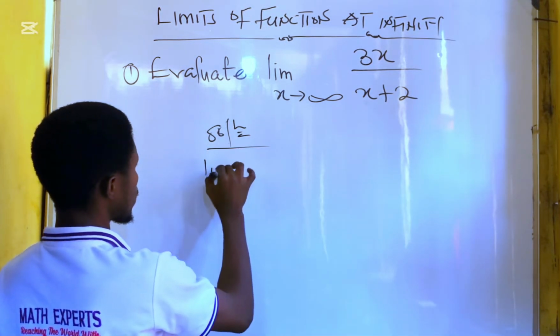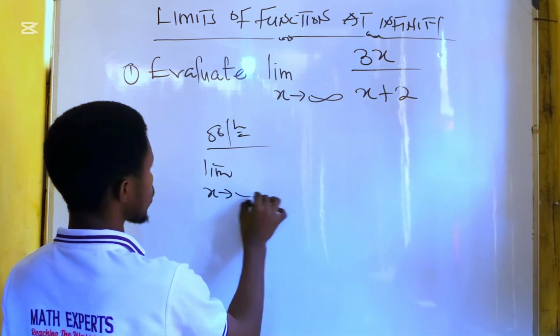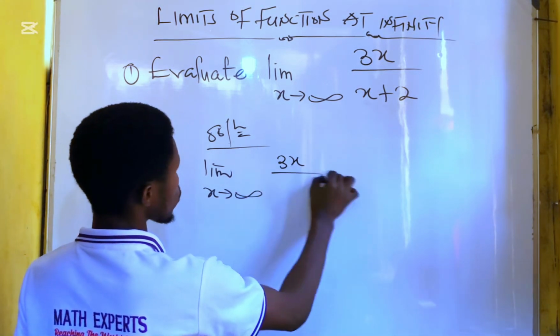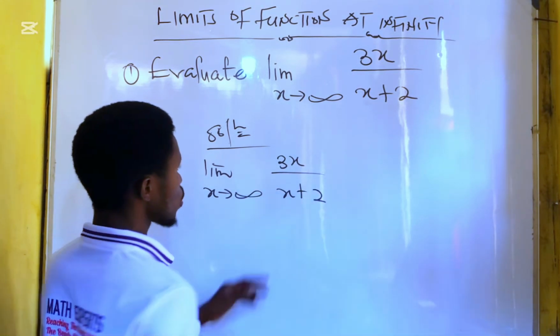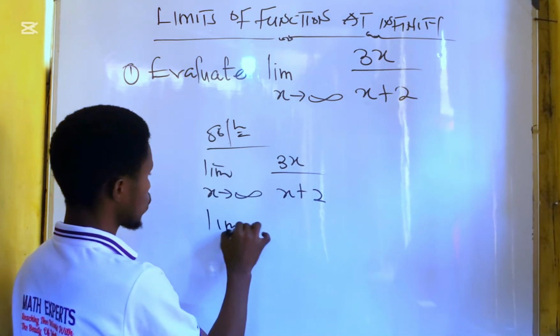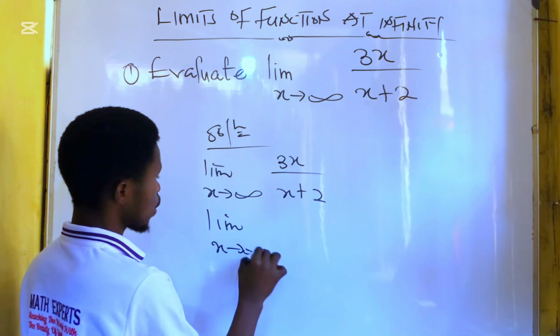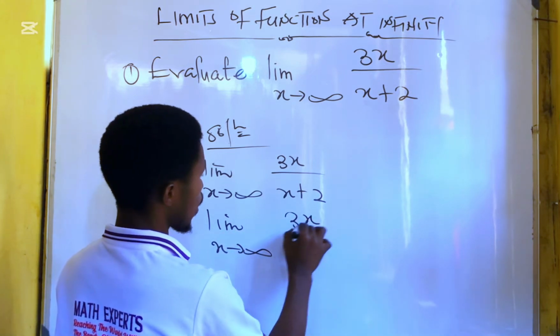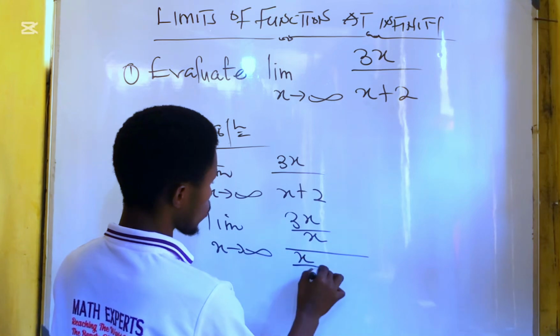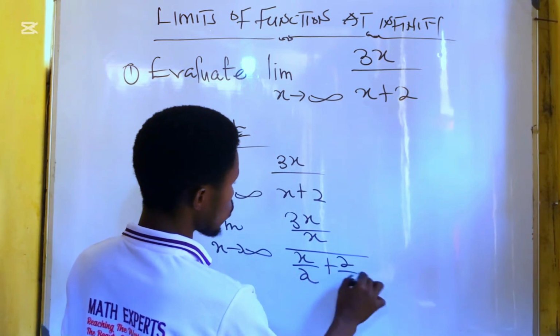So I have the limit as x approaches infinity of 3x over x plus 2. Now that you have seen that the highest power is x, I'm going to start dividing. So I'm going to have 3x over x, all divided by x over x, 2 over x.